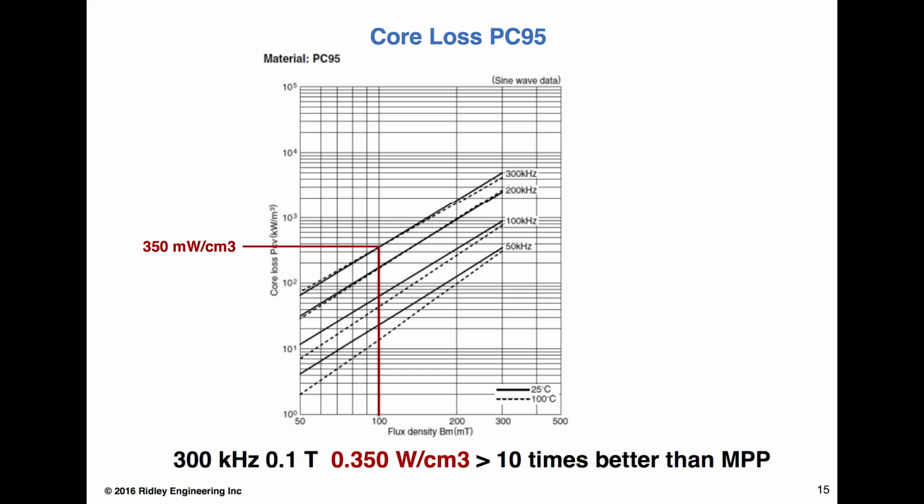So it's being excited actually 0.2 Tesla peak to peak, which would be more in line with the 0.3 Tesla maximum flux, which is going to be your current limit level. These little subtleties, core loss is always 0 to peak rather than peak to peak, everybody knows that if you've been in the industry for a long time. It can be a little confusing if you're new to the industry.